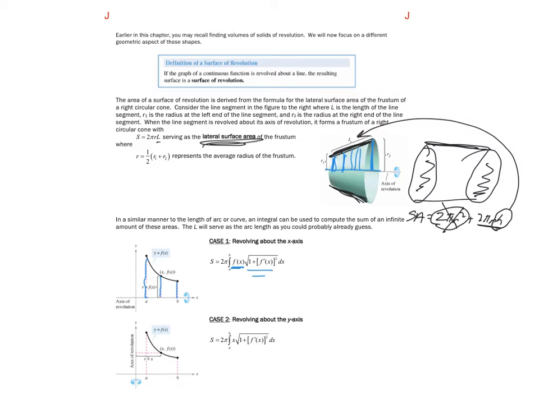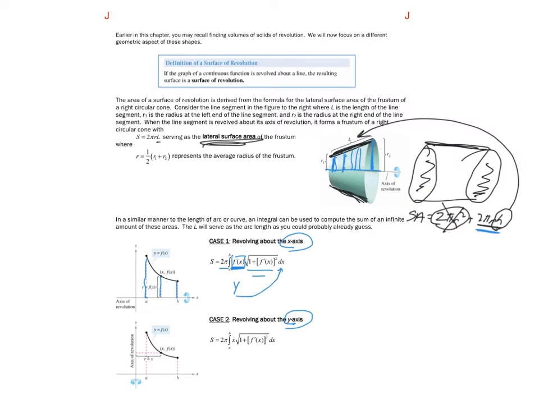So I'm still going to have my 2 pi, so I still have my 2 pi r L. It just happens to be my r is represented by my function, and my capital L, my length, is represented by the length expression that we calculated earlier. And it's going to look a little different if you revolve around the x versus the y. If you notice here, we have f of x as our function, and some formulas are going to write the letter y there.